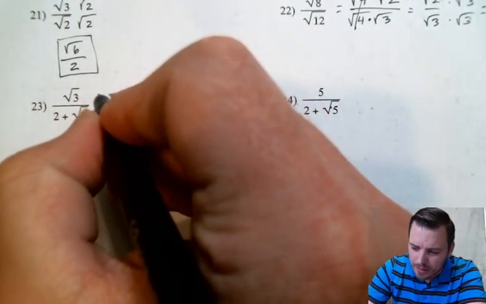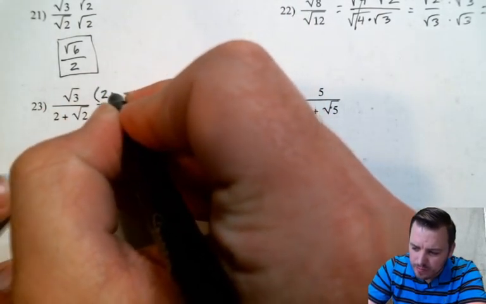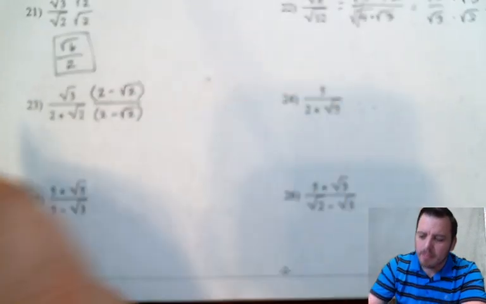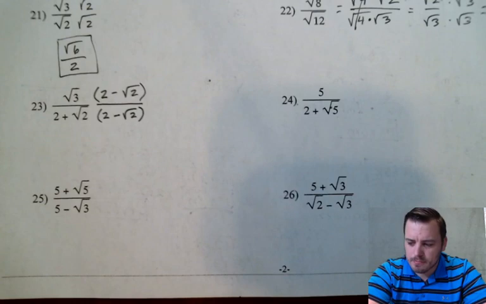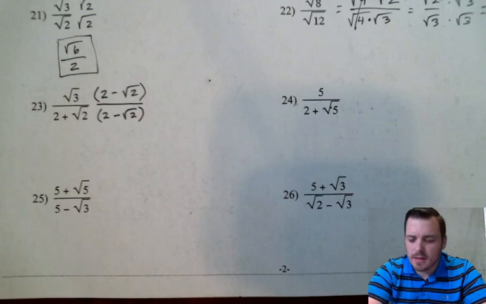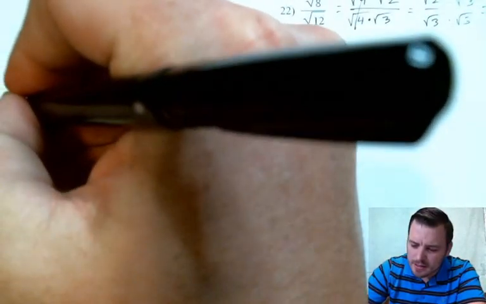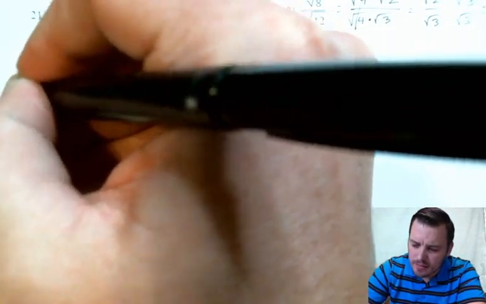And what I do at the bottom, I have to do to the top. 2 minus radical 2. And that's what we call complex conjugates. You don't have to write that down, I'm just writing it down. Complex conjugates.